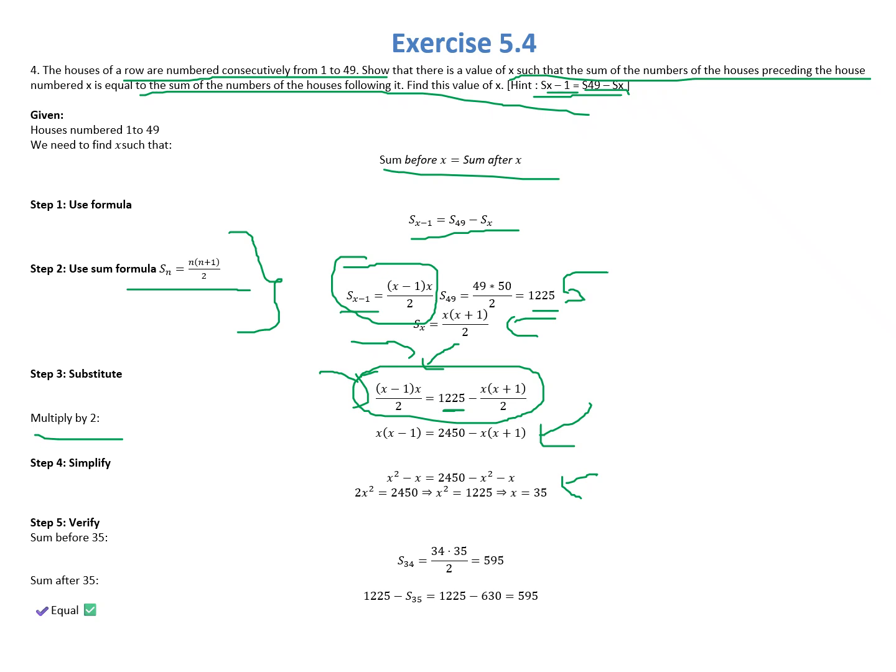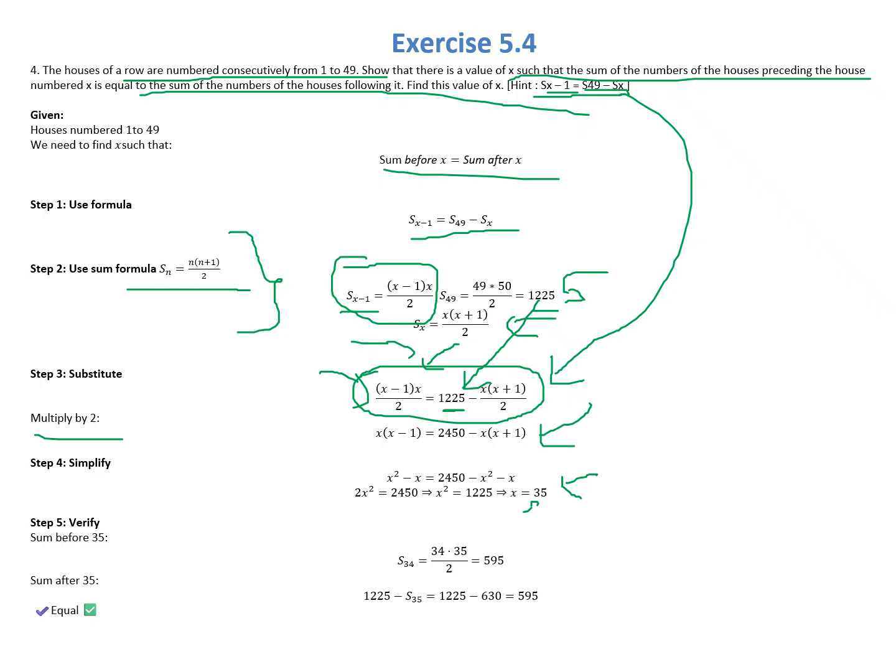So S49 is equal to 1225, which we got from here. Then we have S(x), and this is equal to S(x minus 1). We are using this hint to solve the equation. When we solve this equation entirely, we get the value of x is equal to 35.